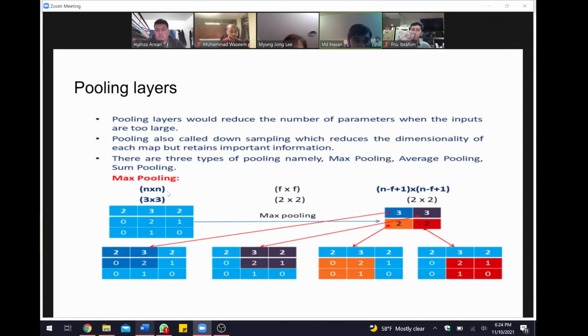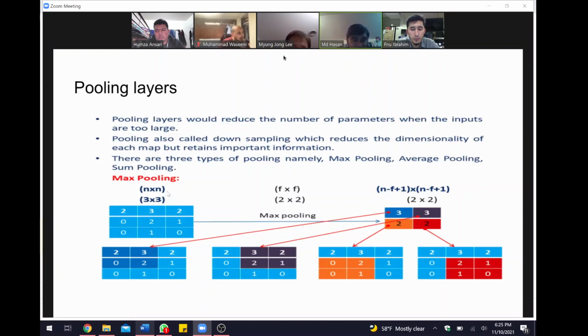So in this layer, we also have a filter, a 2x2 filter. We use a 2x2 filter here to simplify this matrix. We impose this 2x2 window here and combine the numbers. It's 2, 3, 0, 2. Which one is the bigger number here? 3 is the bigger number, so we choose 3.